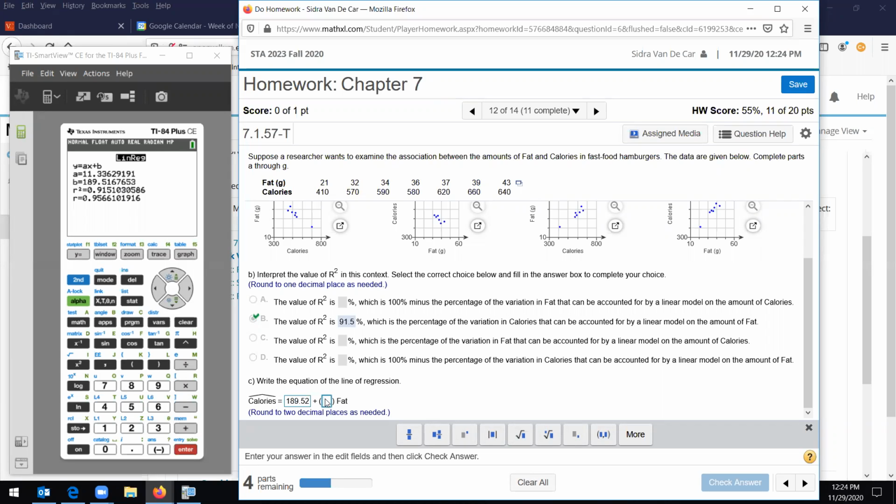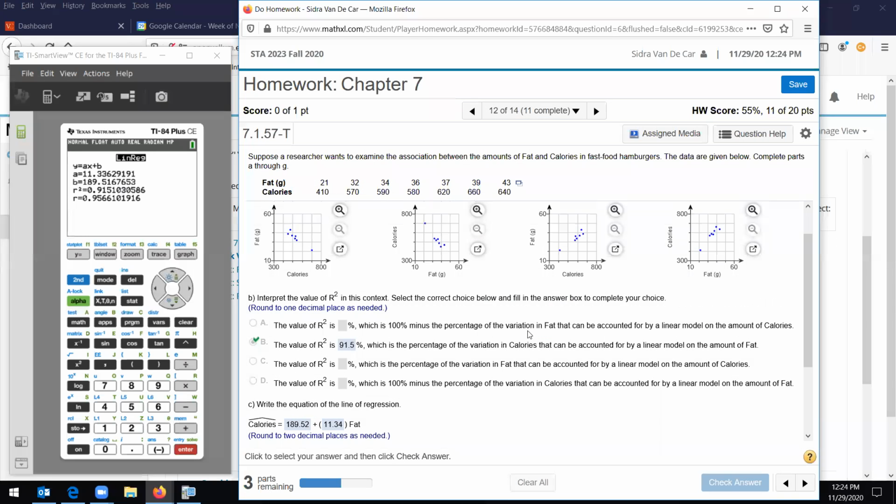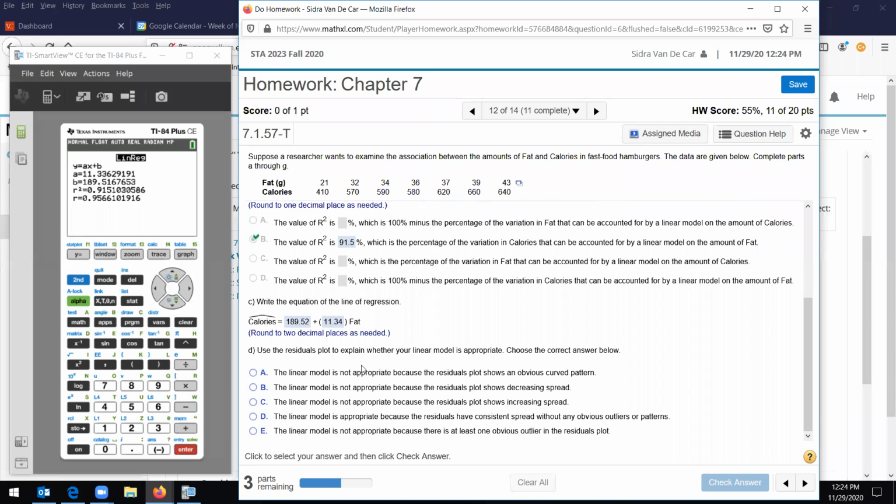And the A is the slope, 11.34. Use the residual plot to make the residual.